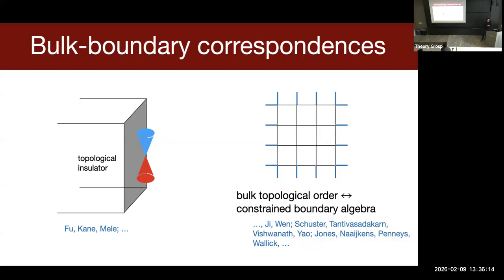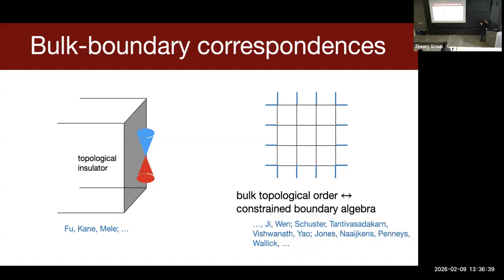One very mathematical generalization is of this flavor here on the right-hand side, which is that if I have some bulk topological order, this can be described by some mathematical object called a modular tensor category. This is in correspondence with certain properties of the boundary algebra.